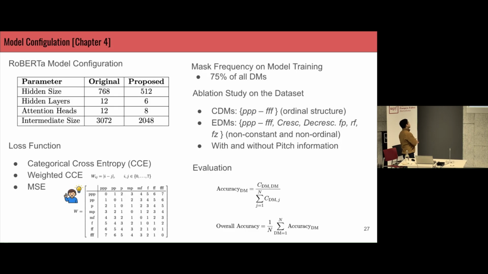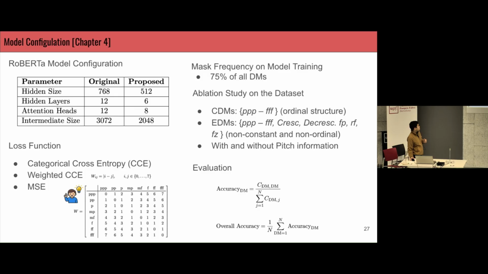And I explored three loss functions: categorical cross entropy, which is often used for multi-class classification tasks, and weighted categorical cross entropy, which takes this matrix for penalizing the estimation if it is way far away from the ground truth.